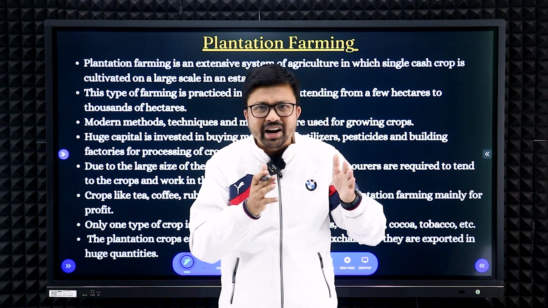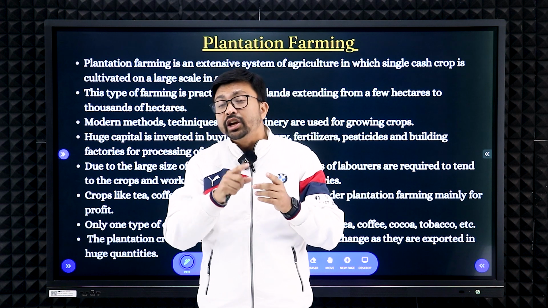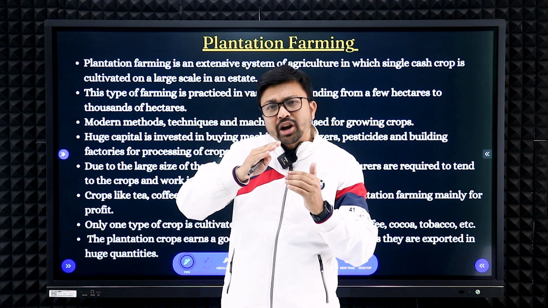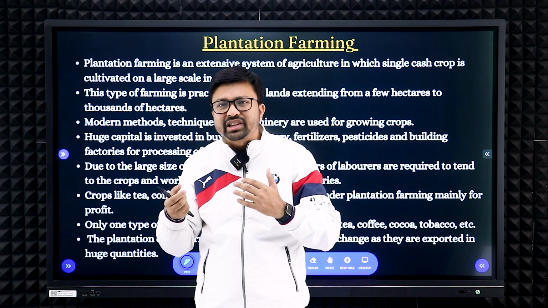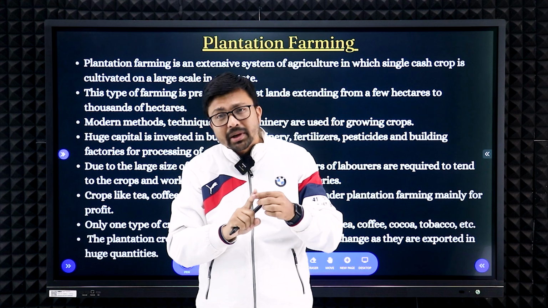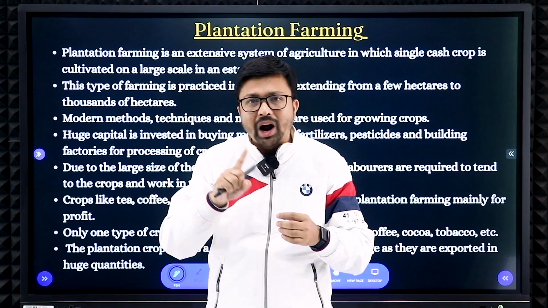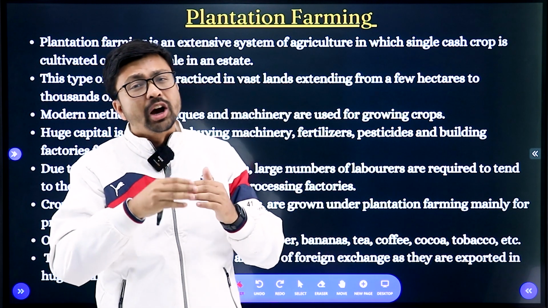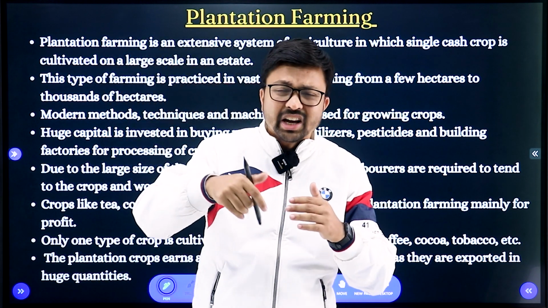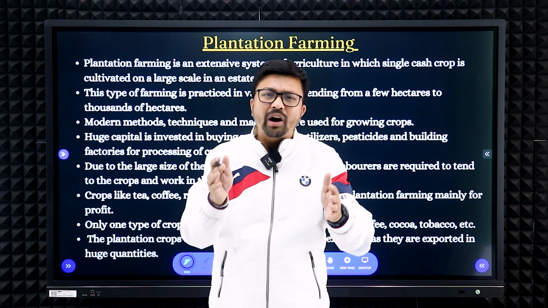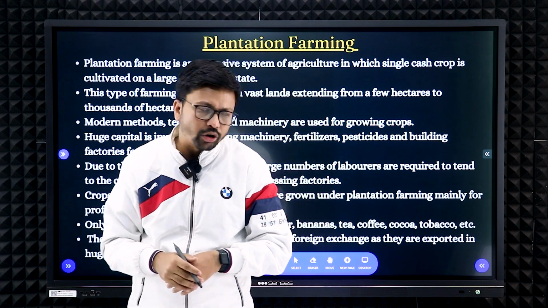And here you can see the difference, there will be one-time investment and continuously for a few years they will get the return. Like other crops, every one-time input gives one-time output. But in plantation farming, there will be one-time input but continuously for the next 3-4 years they will get the output, like tea, coffee, such type of plantation crops, right?